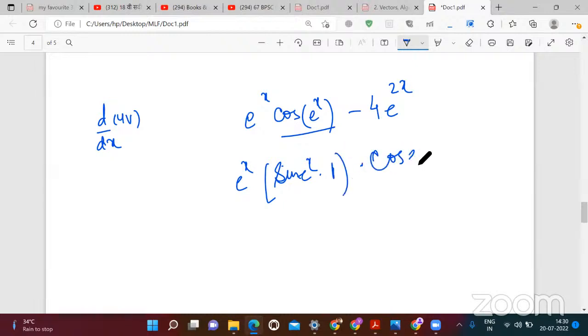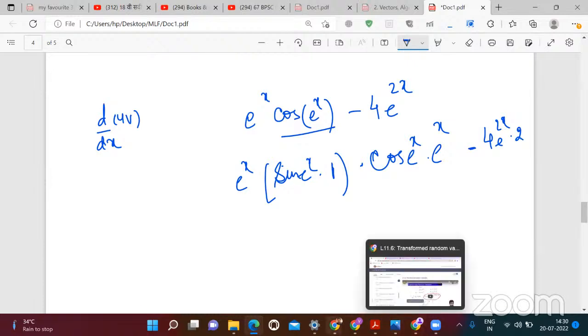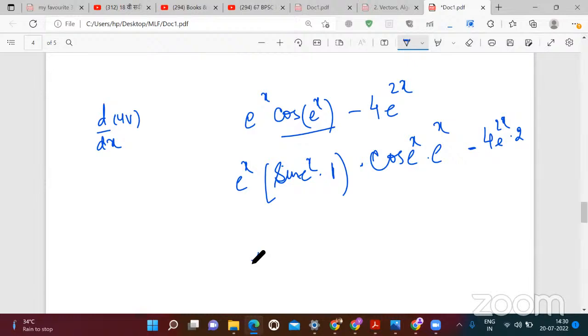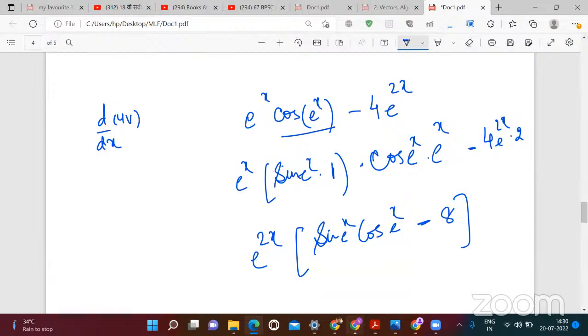You can put minus 4 e to the power x into 2. So what has been given here? If you add this, you'll get some e to the power 2x, then sin x, cos x, and then minus of 8. So what has been given here?